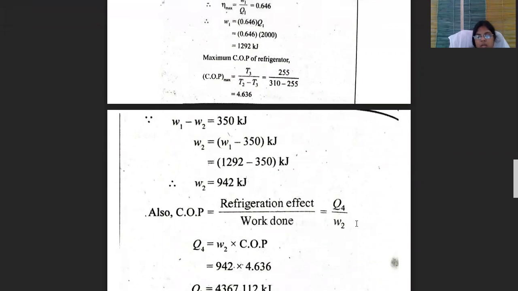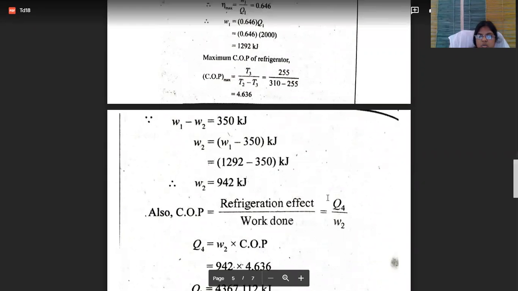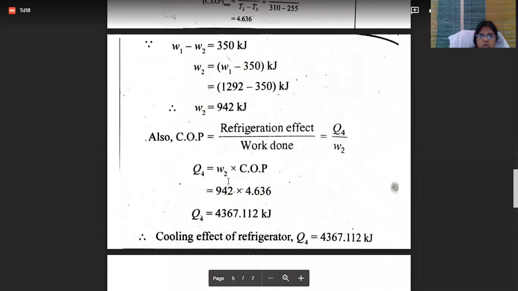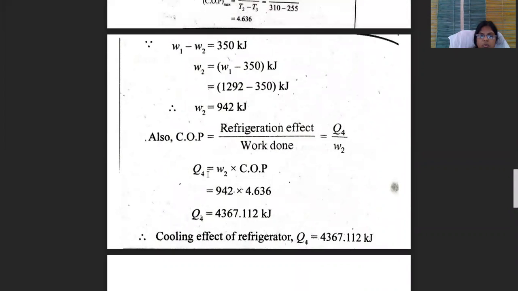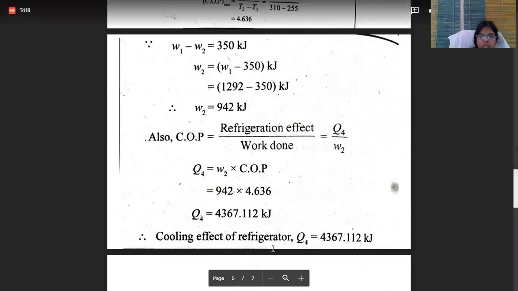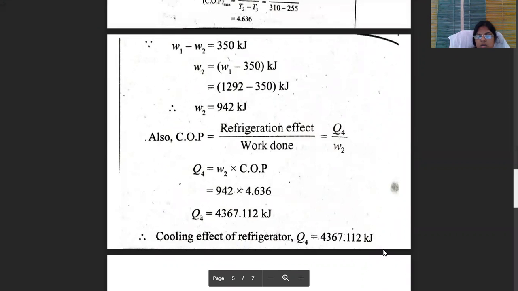W1 is for the heat engine and W2 for the refrigeration. So Q4 is equal to W2 into COP. Already we know W2 and COP, so put in the values and find the cooling effect of the refrigerator. Q4 is equal to 4367.